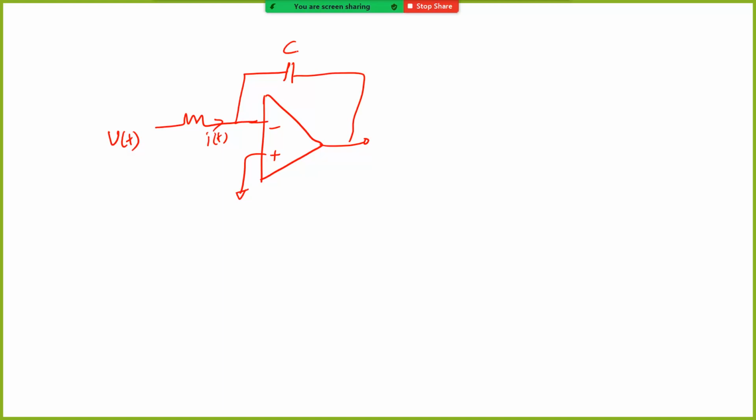So again, the way in which you do it is you do it in the Z domain, and then you use some transforms to go from the Z domain to the S domain. You make sure that the impulse response of the transfer function in the Z domain is the same as the impulse response of the transfer function in the S domain.